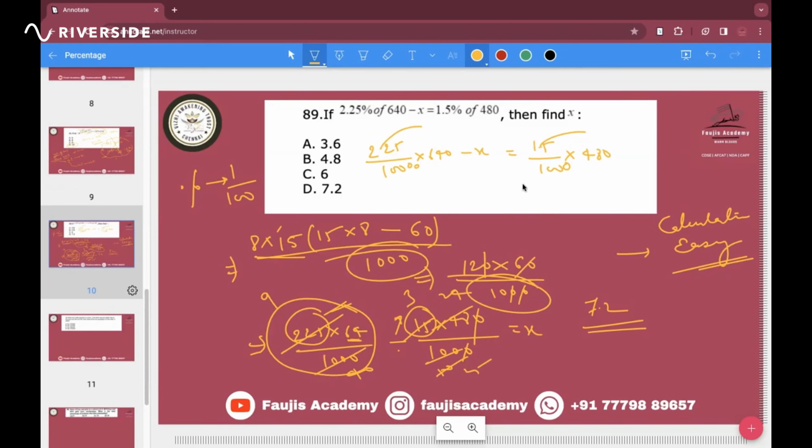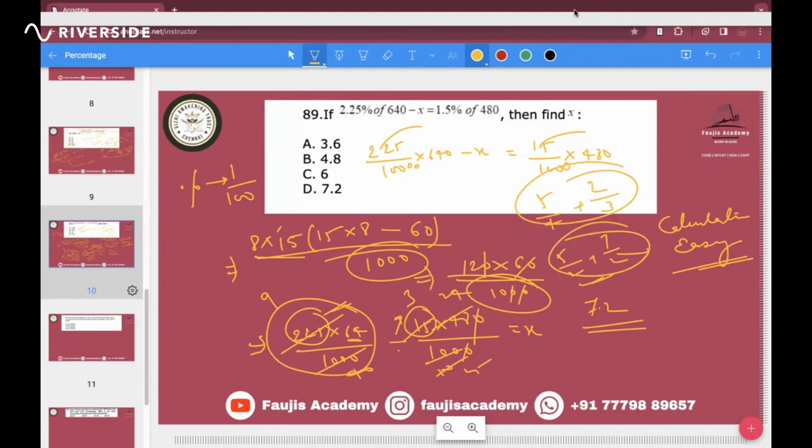Whenever you have, tell me, 5 by 4 plus 2 by 3, is this calculation easy, or 5 by 2 plus 7 by 2? Which of these two calculations are easy? Second one, for obvious reasons, right?